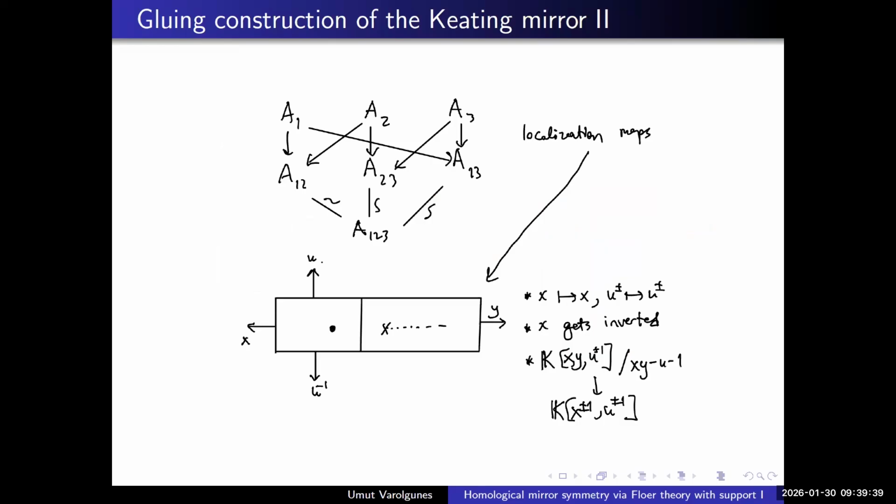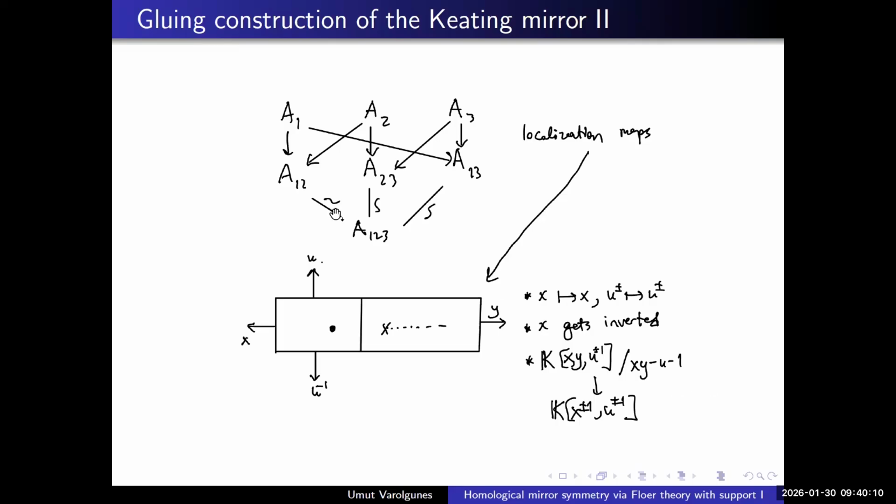I need to tell you what these restriction maps from the A_I to the double intersections are. And I claim that those maps are localization maps. They invert some generator. So you can compute the A_I, and they exactly look like this: X, Y, and then invertible U generators, with XY = U + 1.